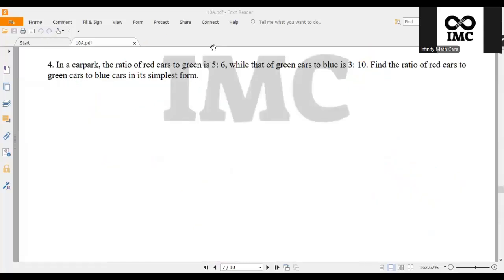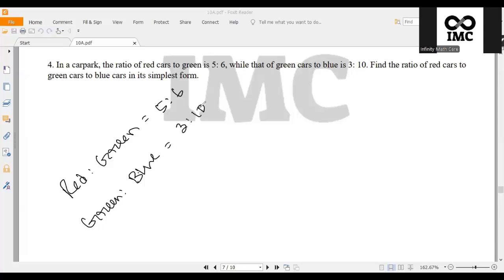Question 4 says, in a car park, the ratio of red cars to green cars is 5 to 6. So red car is to green car equal to 5 is to 6. Green is to blue equal to 3 is to 10.